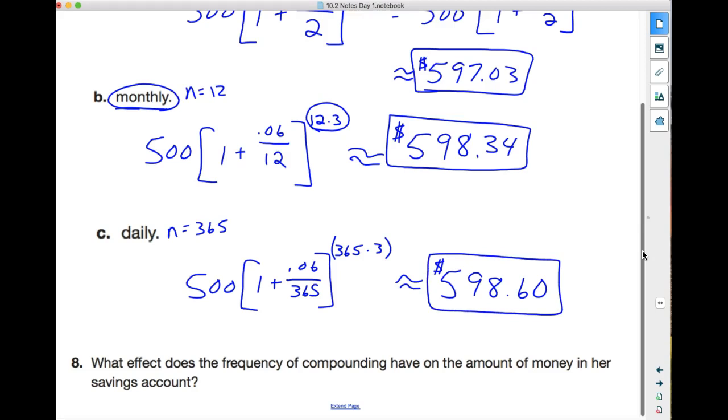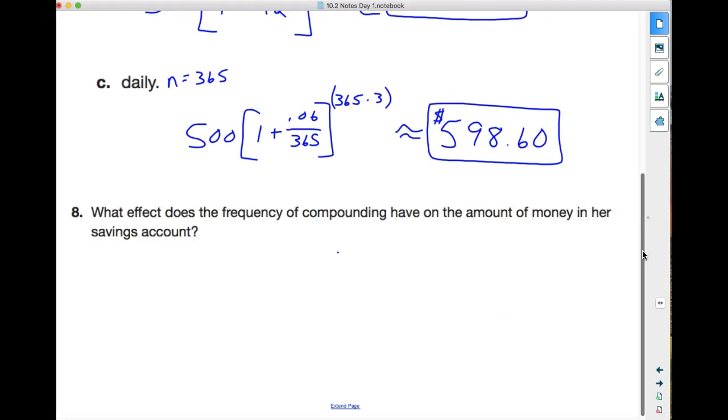So when I'm looking at this, the question of the day, and this is where we're going to pick up on Monday, pretty obvious. What effect does the frequency of compounding have on the amount of money in her savings account?